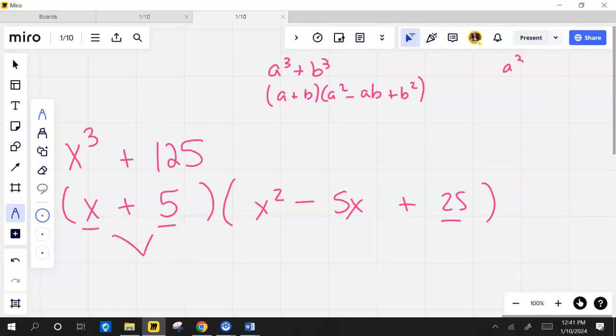And A cubed minus B cubed factors as A minus B, times A squared plus AB plus B squared. Yep. It's same, change, plus. No, it's not. The last one's always plus.